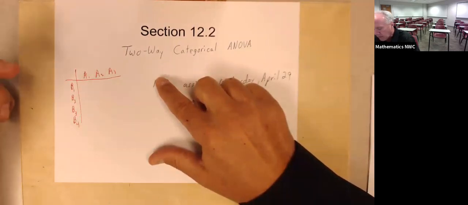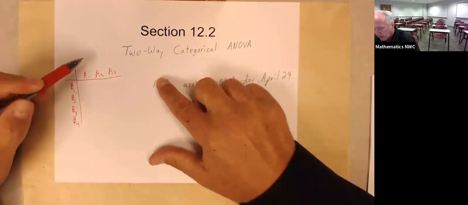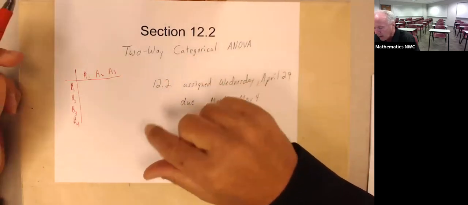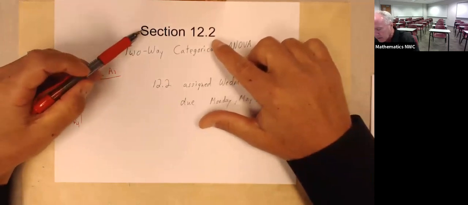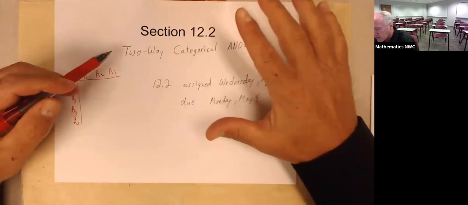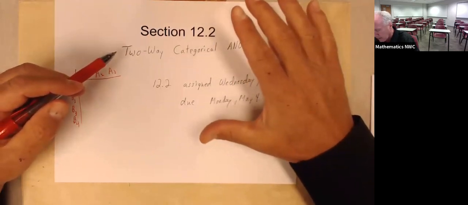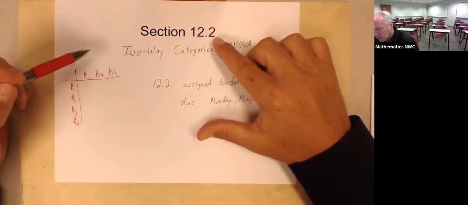And we have, obviously, multiple levels of each variable. That's what we mean by two-way categorical data. It's going to be similar in some ways to 12.1, except that it measures something totally different. But in terms of carrying out the test, it's going to look real similar to 12.1.